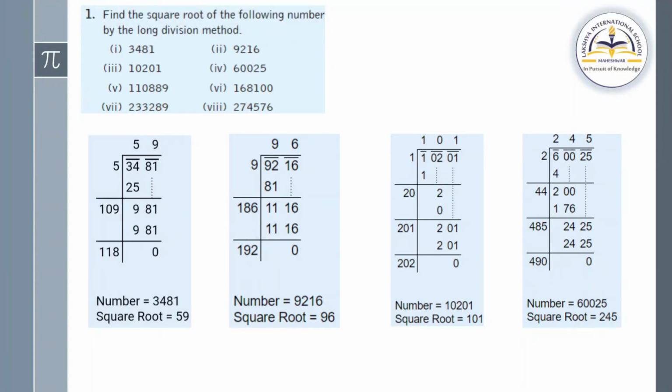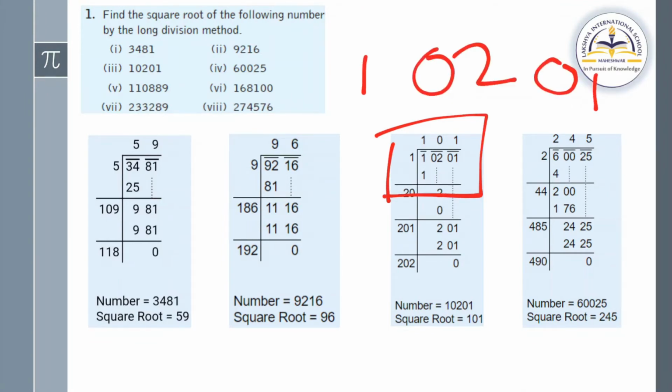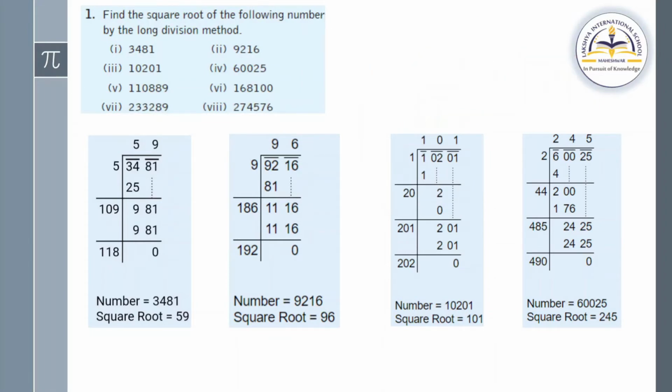Now in the same manner you have to practice this question. You can see in the third question how we make the pairs of 110201. We make the pairs from ones place, means 01, then 02 and 1. Here first we have taken 1, so 1 minus 1 subtraction.